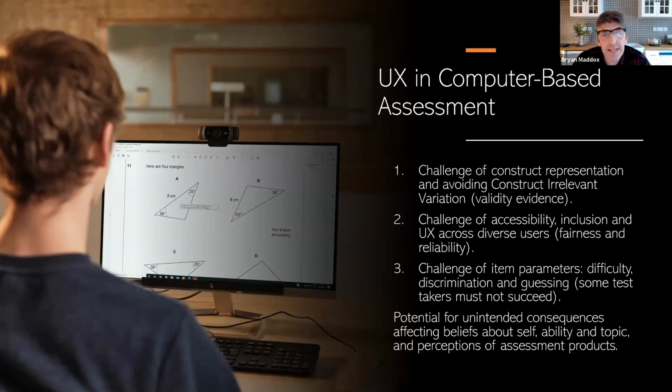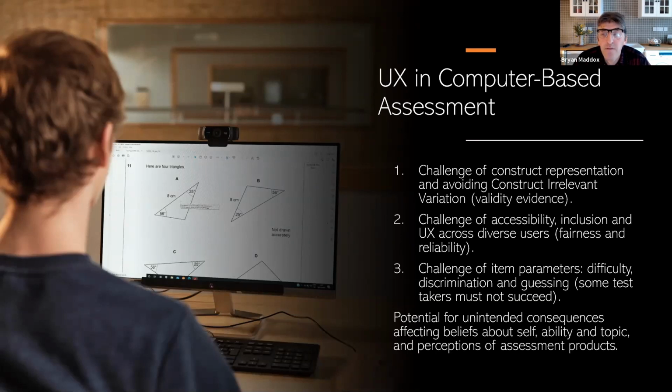So in this case, for example, it might be that somebody's ability to understand the design of a test or to navigate the test might impact on their ability to complete the item, or, for example, on their motivation and engagement. So with good user experience, we're trying to avoid construct irrelevant variation. The second point then is that we have challenges of accessibility, inclusion, and user experience across diverse users.